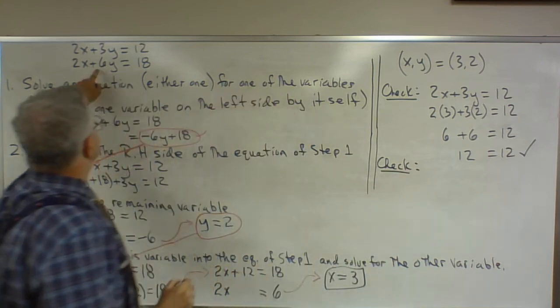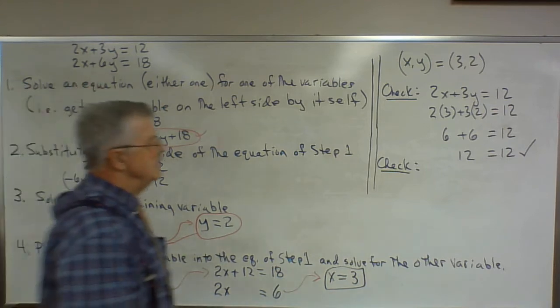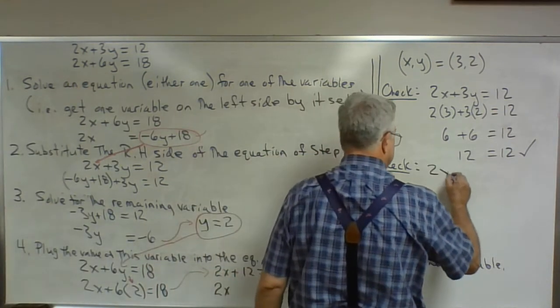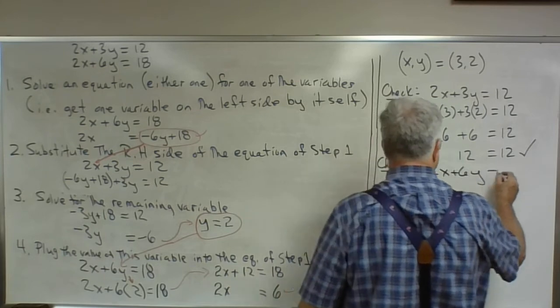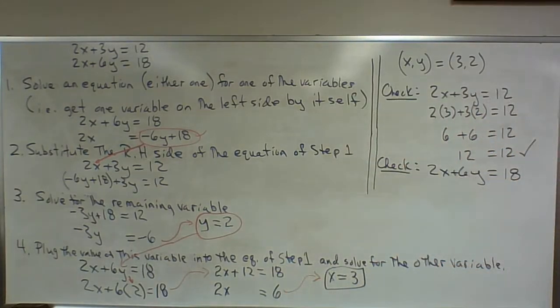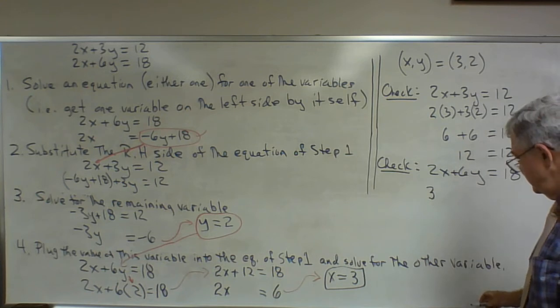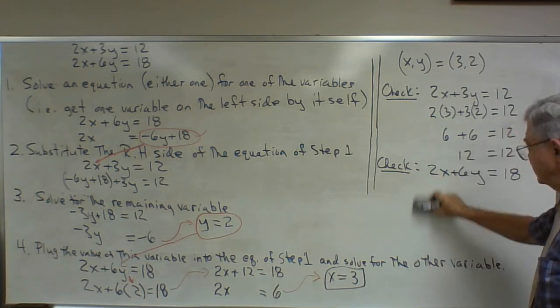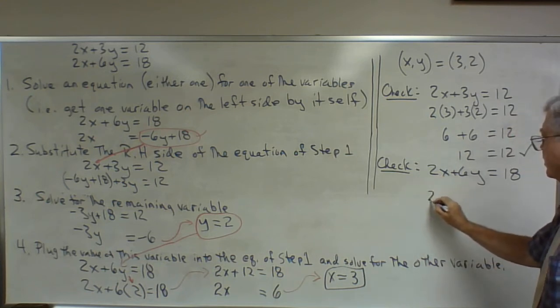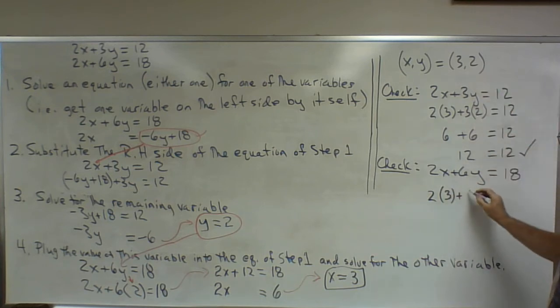Let's make sure it works for the second too. 2x plus 6y equal 18. X equals 3. y equals 2.